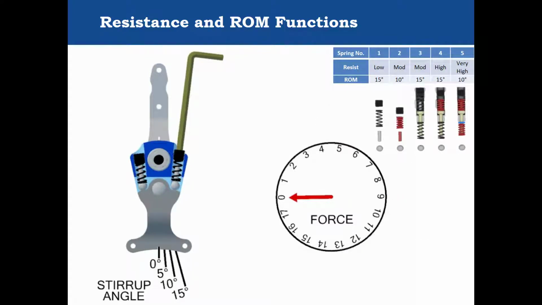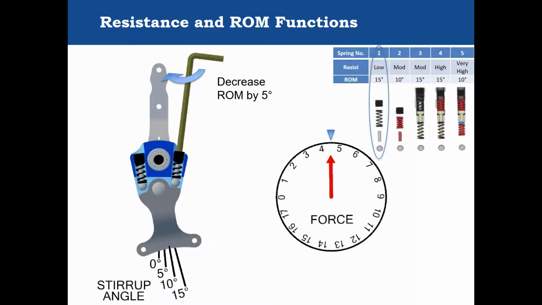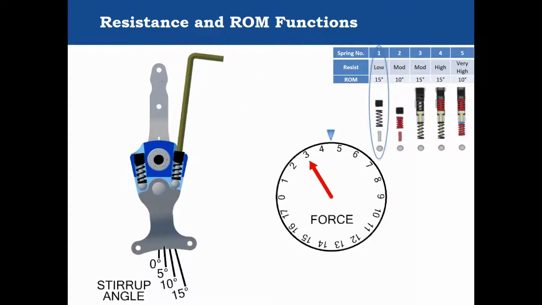In this animation, the stirrup articulates between its null position and its initial range of motion setting of 15 degrees. The maximum force, exerted by standard resist spring number 1, is shown. When the adjustment screw is rotated one full turn clockwise, the range of motion decreases by 5 degrees, but the maximum force on the stirrup doesn't change.